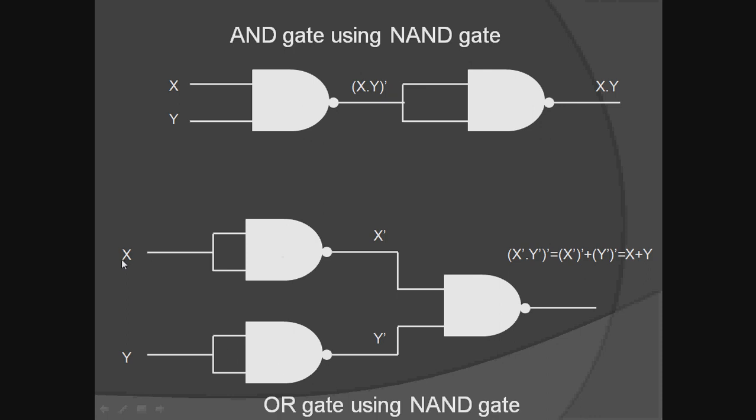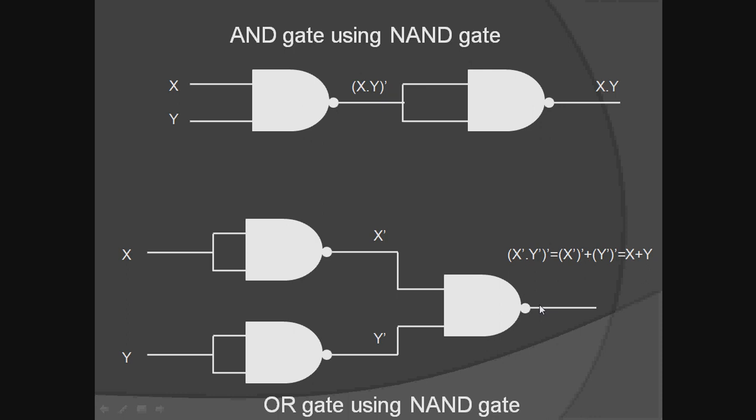The outcome of that will be x complement and y complement, because it is only one variable value, so because of this NOT gate you get the complement. So now you have two input values, x complement and y complement. When these are sent as two input values to the NAND gate, the outcome will be x complement dot y complement, the whole complement, because now you are finding the complement.